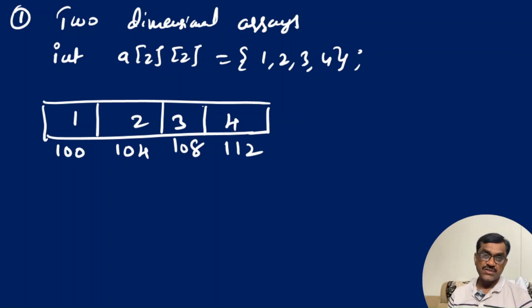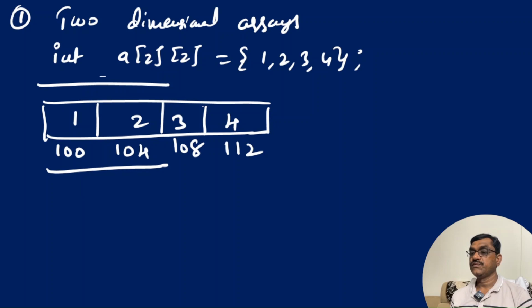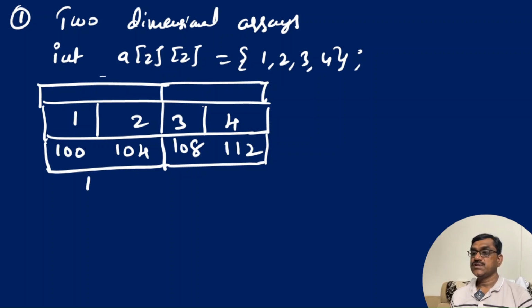A two-dimensional array is nothing but a collection of one-dimensional arrays. Now, I am dividing this into two halves. This is the first half, and this is the second half. This is the first one-dimensional array, and this is the second one-dimensional array. The base address of the first one-dimensional array here is 100, and the base address of the second one-dimensional array is 108.